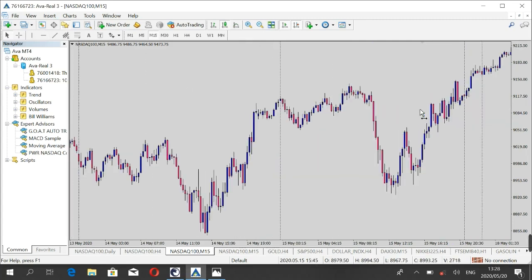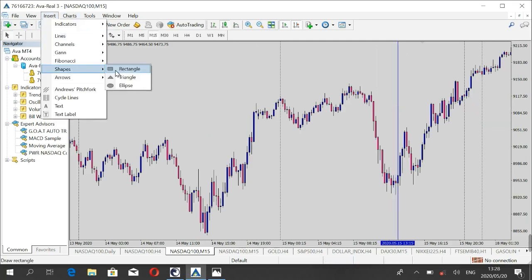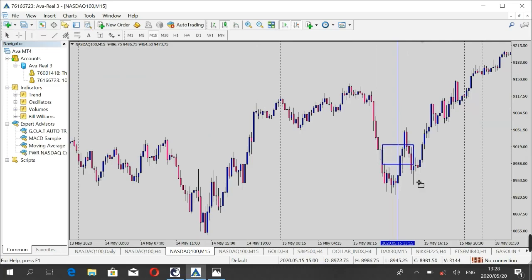Okay, let's take a look at another example. Now can you see scenario number 2?